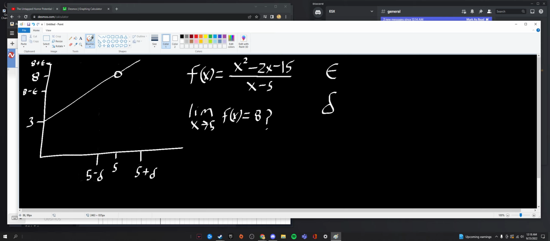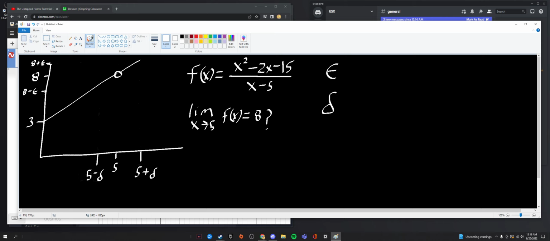For some epsilon you give me that's greater than 0, I will have to be able to give you some delta, such that I can give you an x value that, when plugged into our function, outputs some y that is within this range of epsilon. Okay, let me reword that.